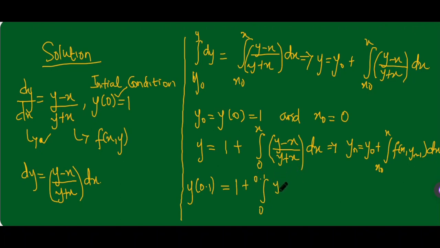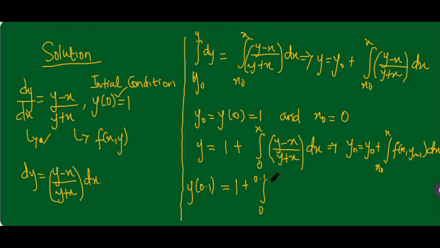Then y naught in this case is going to be y at 0. So let's write it as that. Instead of y naught, because we want the value preceding x is equal to 0.1, and the only value we have there is when x is equal to 0.